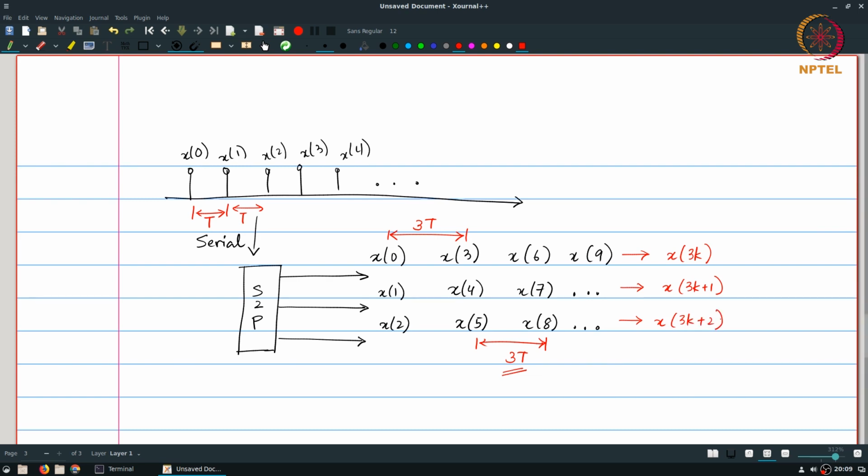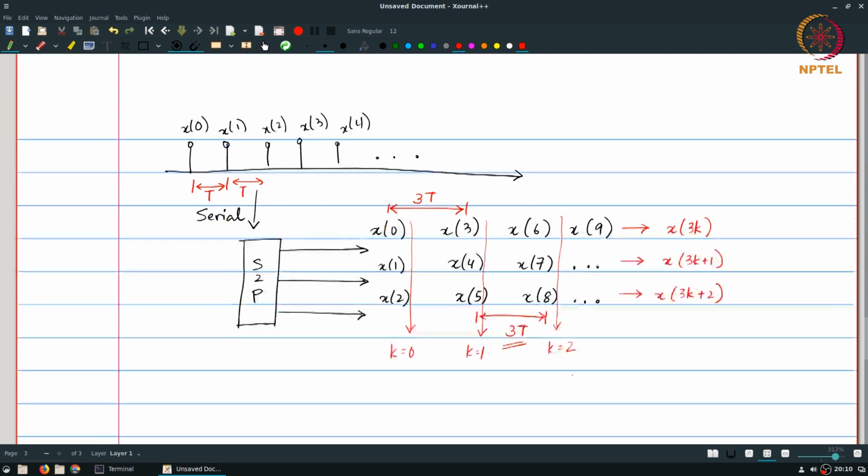In other words, when k is equal to 0, we get x of 0, x of 1, and x of 2 on the three streams, as we can see on the first column of data. When k is equal to 1, we get x of 3, x of 4, and x of 5, and so on. Right?